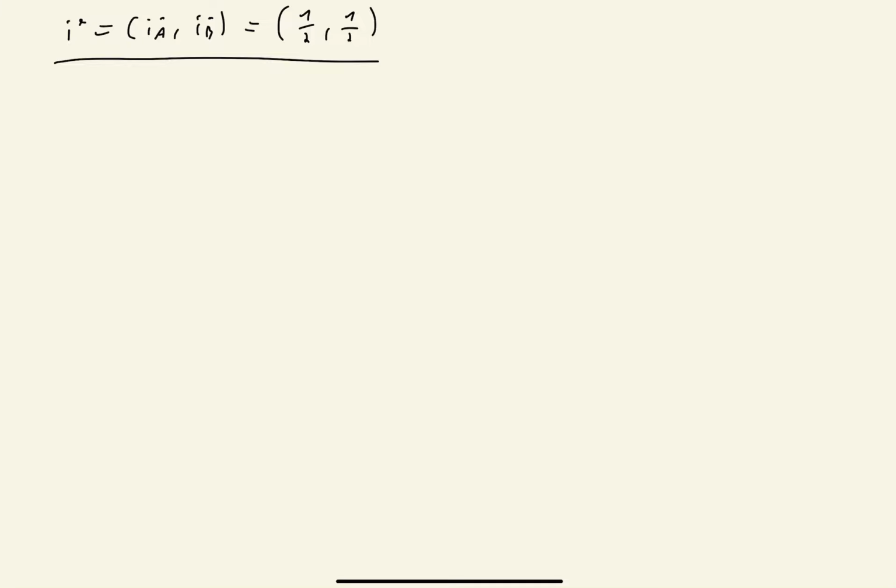Suppose there exists some other ideology profile IA prime, IB prime, which is unequal to 1/2, 1/2, because it is not equal to the equilibrium.